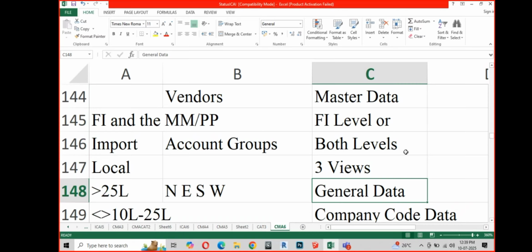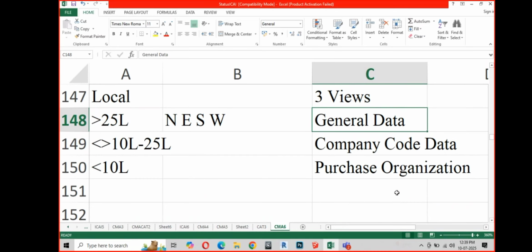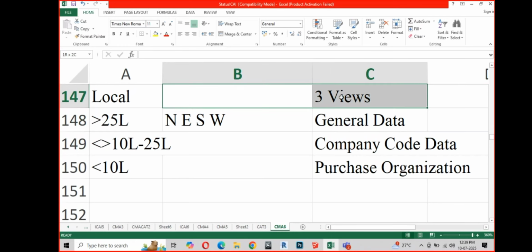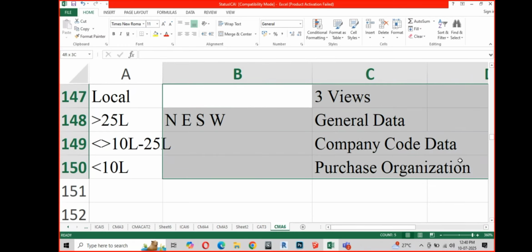Clear? So now I hope you are clear about how things happen in the real business world. Forget SAP. I'm not asking you to think from the SAP perspective at all. So in that case, for a major vendor, for a major supplier, you have three views of the data. One is the generic information regarding the vendor.